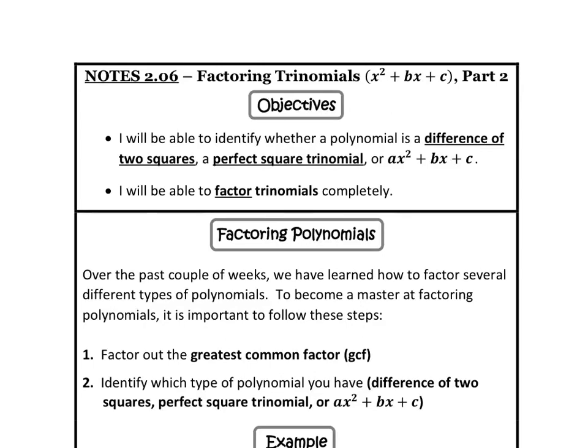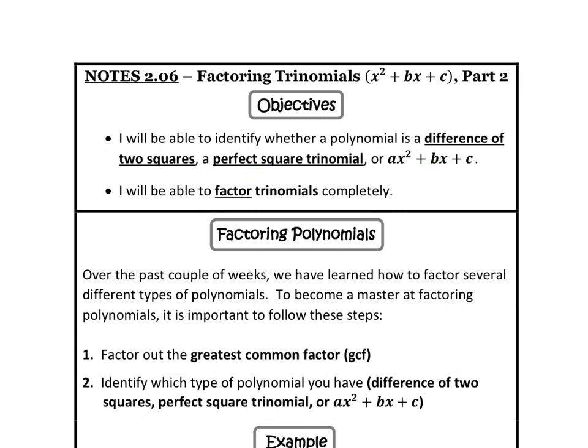Good morning, guys. Today we're going to be covering Notes 2.06. This is part 2 of the notes from last time. The main goal in factoring is being able to identify what situation we might have.